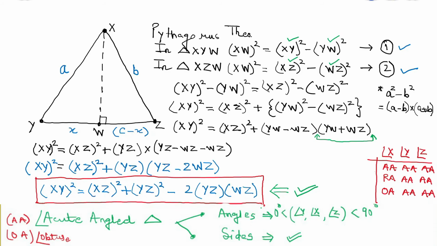So when you talk about the three angles of a triangle, these are the three different types of triangles that you can get: an acute angle triangle AAT, an obtuse angle triangle OAT, or a right angle triangle RAT. There is no other variety of a triangle that you can get.